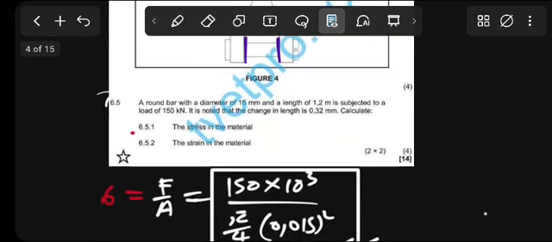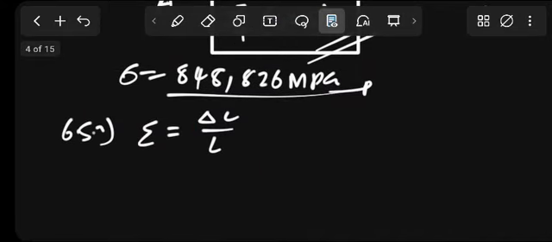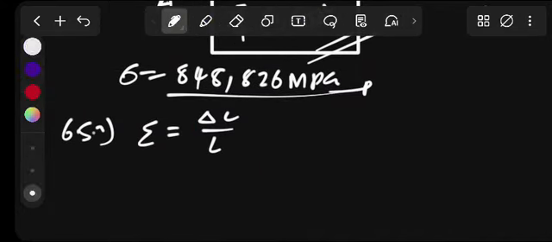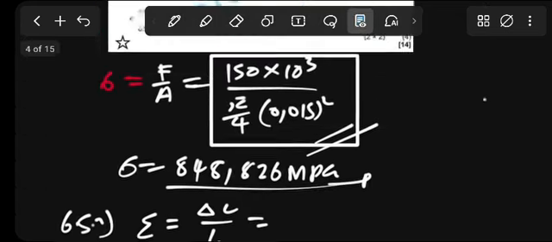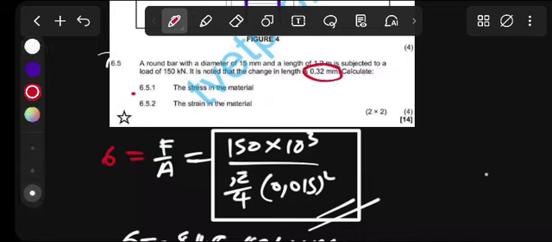So we have the original length. You noted the change in length we've been given. You see, it is given to be 0.32 millimeter.